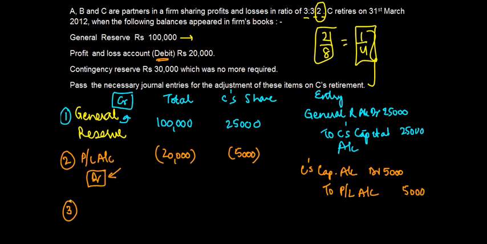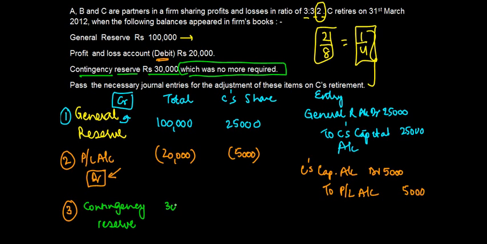Let's see the third one. Contingency reserve of rupees 30,000, which was no more required. Now what is this? Many times we create a reserve to meet some future liability. But if that reserve is not required, or that liability does not arise, we just write back that reserve, and reserves generally have a credit balance. Contingency reserve 30,000, right?